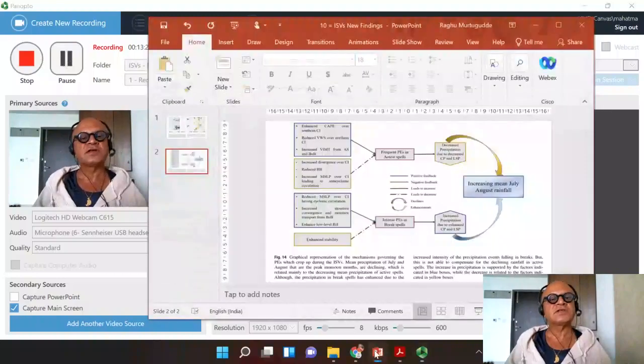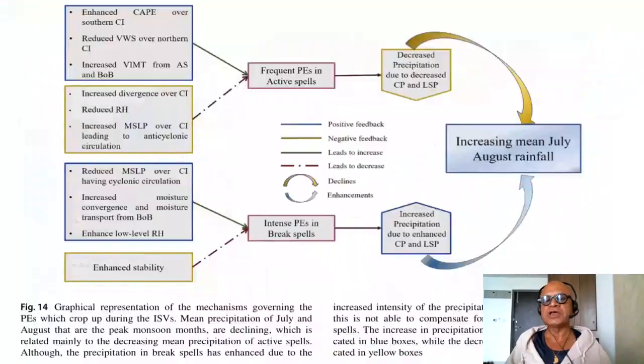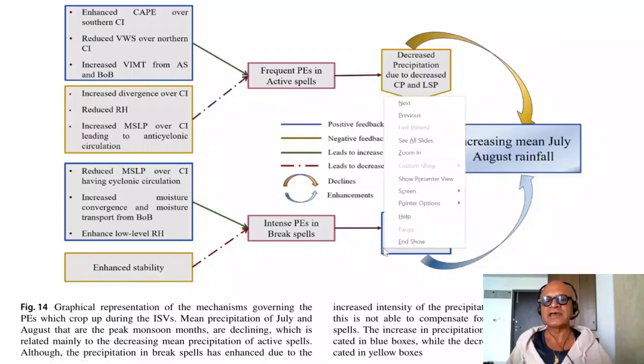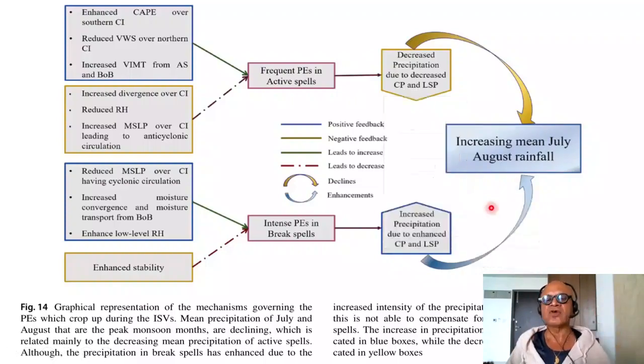Sorry, that is large scale precipitation as opposed to convective precipitation, which tends to be smaller in scale. I just blanked out on that, sorry about that. So decreased precipitation due to decreased convective precipitation and large scale precipitation. I have a podcast on large scale extreme events in the same series that you can look up.